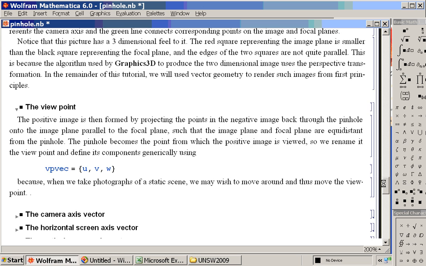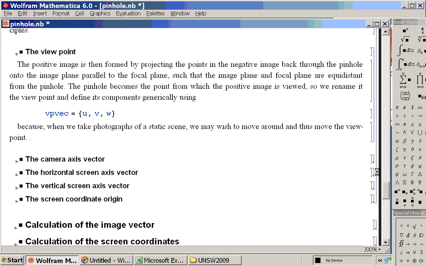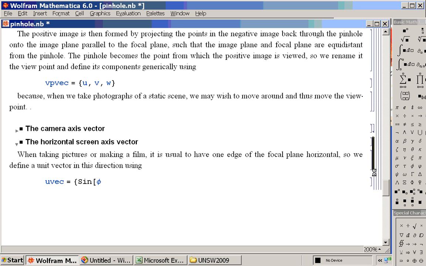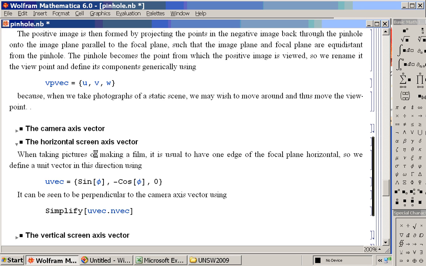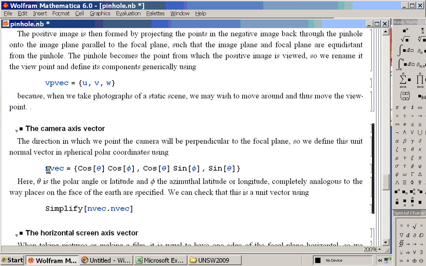So the next thing we need to define, having placed the camera somewhere, is to point it at the object. And we're going to call that the normal vector, or the camera axis vector, and we're going to define it as a unit vector in terms of spherical polar coordinates, and these are completely analogous.